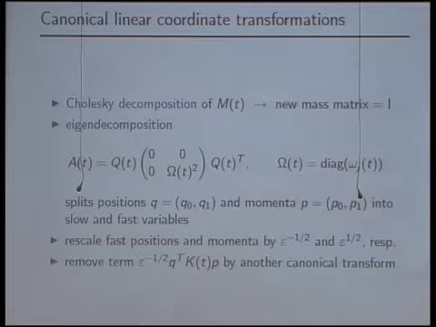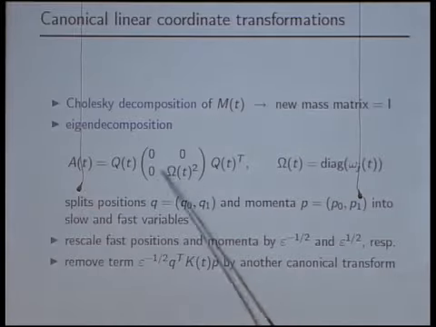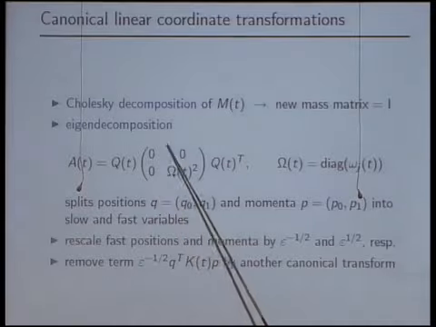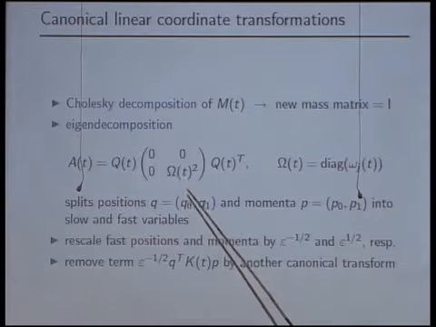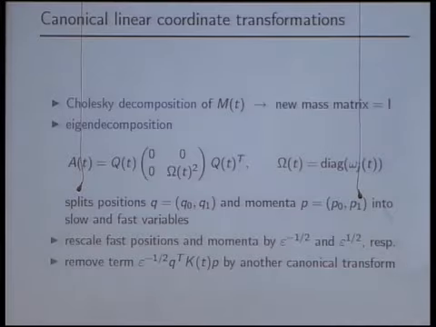Then on the resulting system, we of course have a transformed stiffness matrix, and this is now diagonalized in this way, where we have on the one hand a block of psi 0, which then corresponds to the slow motion of the system, and a block which carries the frequencies omega j.